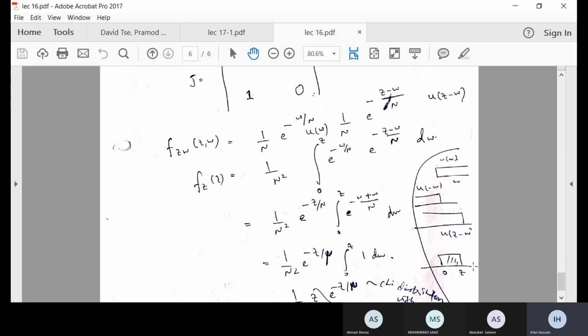So the values of w that will be helpful will be only from 0 to z. Now I do this integration. This thing is common, not dependent on w, so I can take it outside. Inside I have this thing.